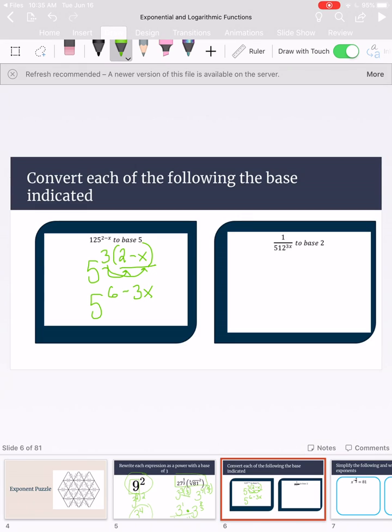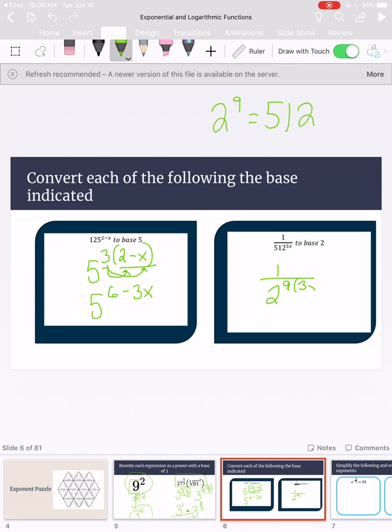So I have 512 is the same as 2 to the power of, let's try 8. 2 to the power, oh, that didn't work. Let's try 9. 2 to the power of 9. So I know 2 to the power of 9 is the same as 512. So that means that I'm going to replace that 512 with 1 over 2 to the power of 9, just like that.